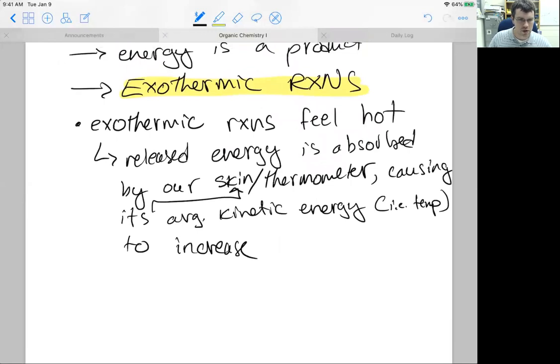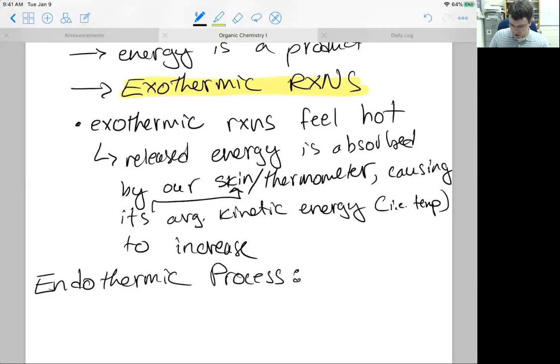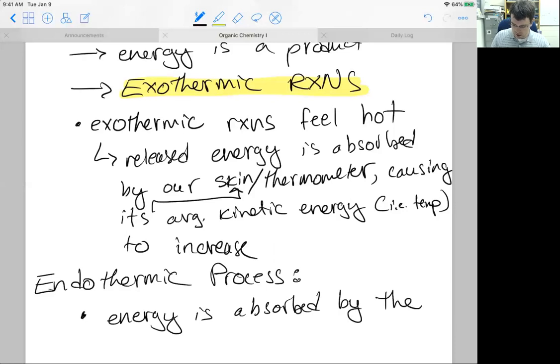This is in contrast to another type of process, which is an endothermic process. An endothermic process is opposite in a lot of ways. Okay, energy is absorbed by the system from the surroundings.